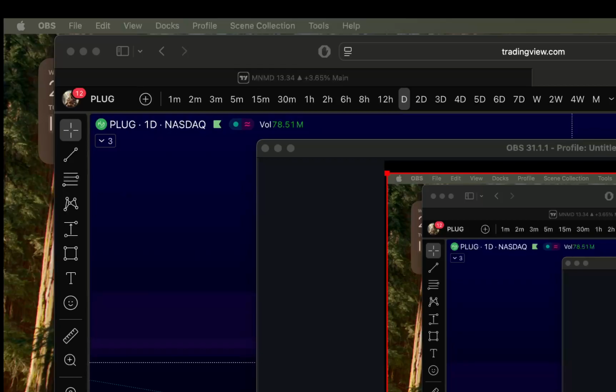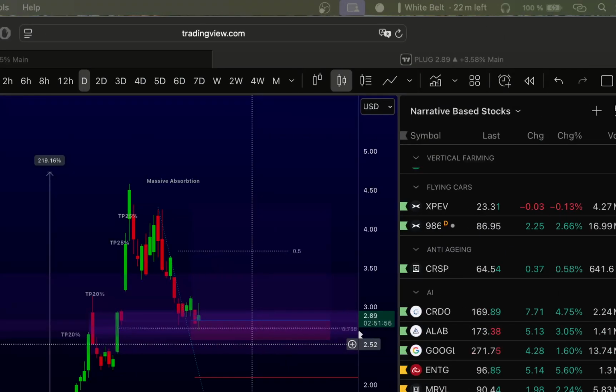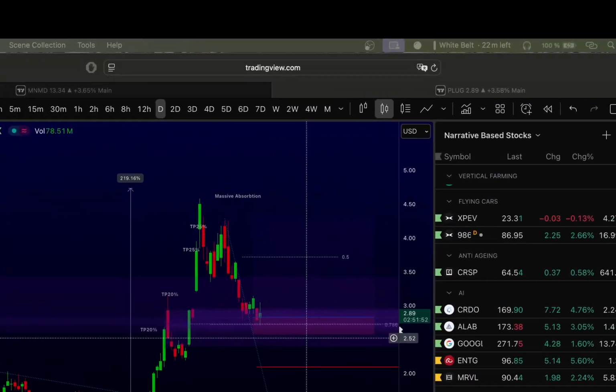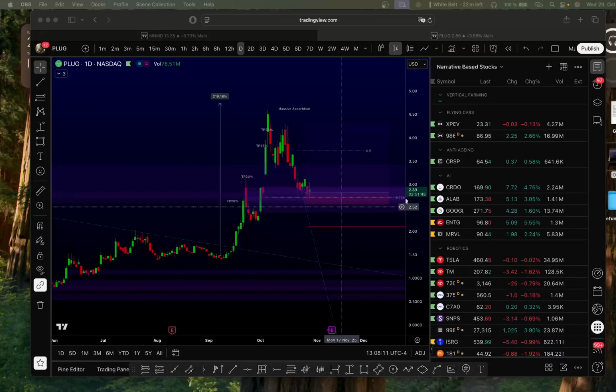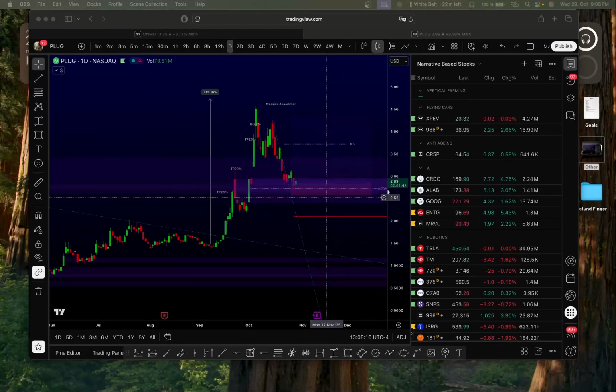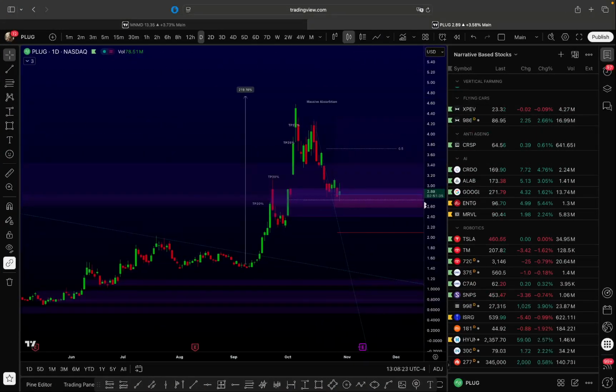Can't you make it smaller for me, please, computer? It's so weird to record with OBS. It always changes the size of my windows. Oh yeah, I feel you. Okay, should be good. Now I share it with you guys.